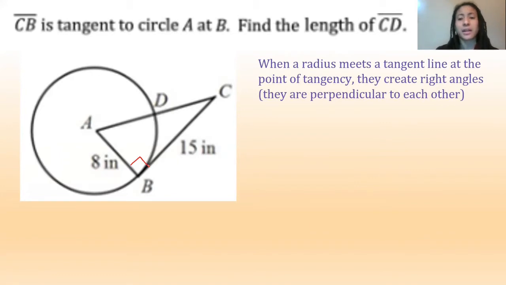We need to find the length of CD, so I'm just going to label it X for right now. What do you notice about this image? We have a right triangle. When we have a right triangle, there's two different ways we could solve this problem, but we have to know exactly which one to use.